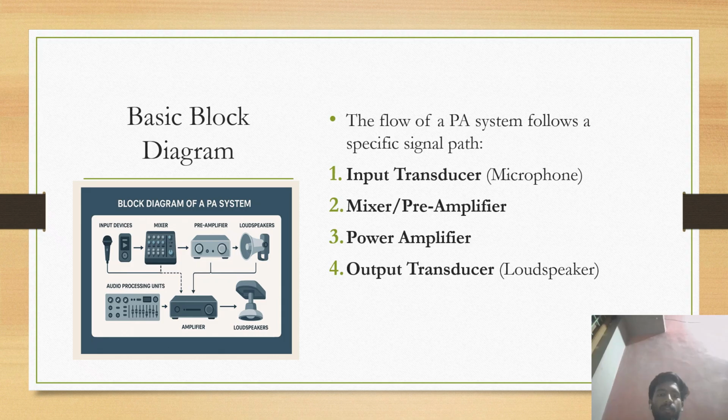Finally, the power amplifier gives the signal the strength to move the physical components of the loudspeaker. Think of it as a journey from acoustic energy to electrical energy and back to acoustic energy. That is the block diagram of the PA system.